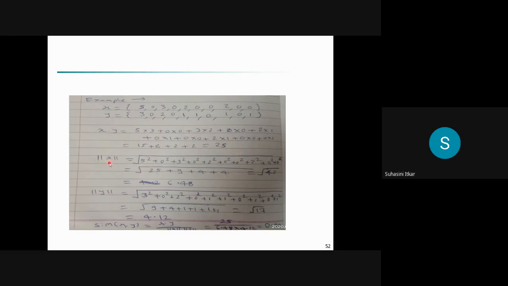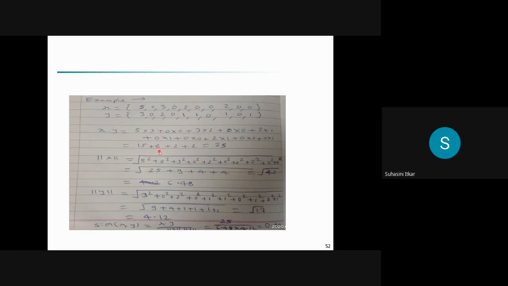Now we are expected to calculate the length of the vector using this equation, that is the square root of the sum of all the attribute squares.